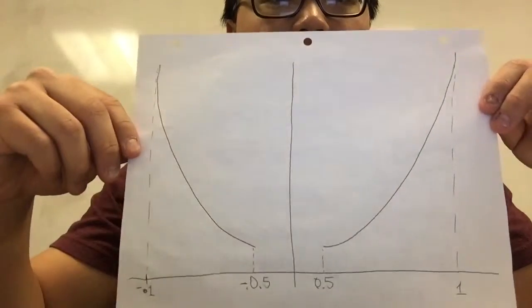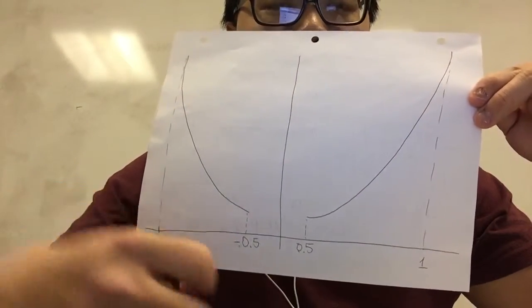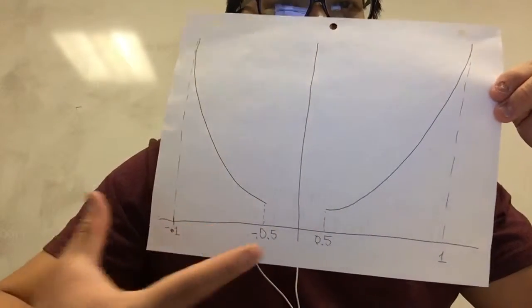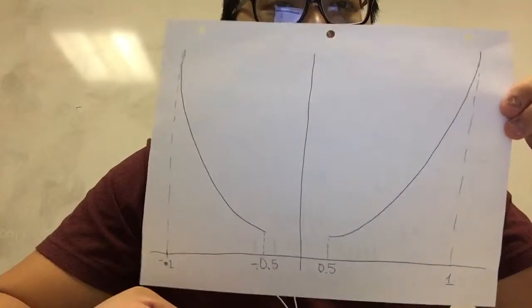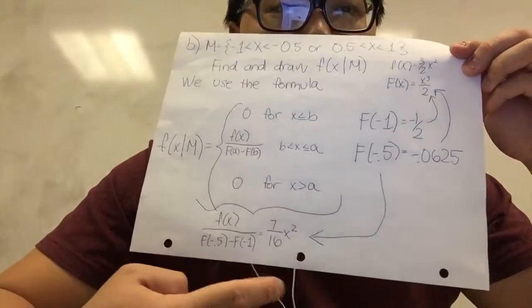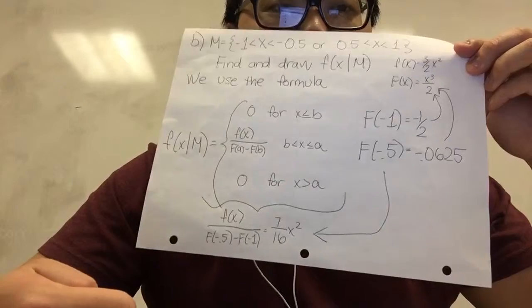This is what it looks like. These are the bounds from -1 to -0.5, and from 0.5 to 1 they're mirror images of this. We just use this portion to figure out our problem, and this is the graph of f of x such that M.